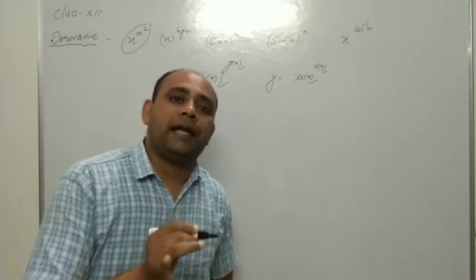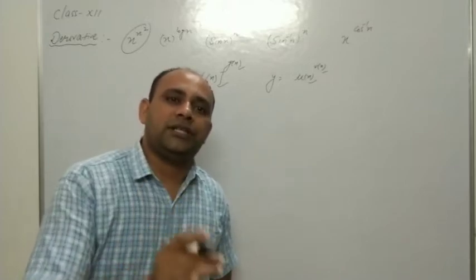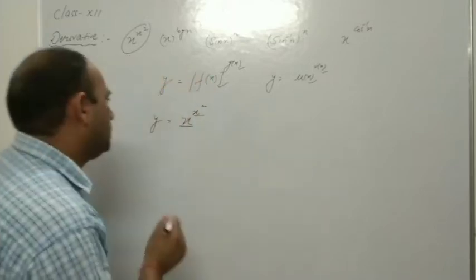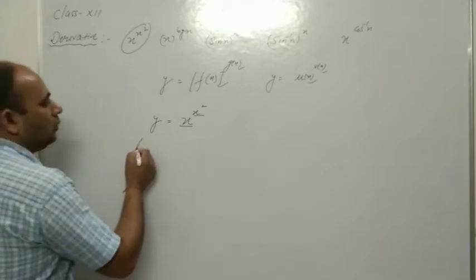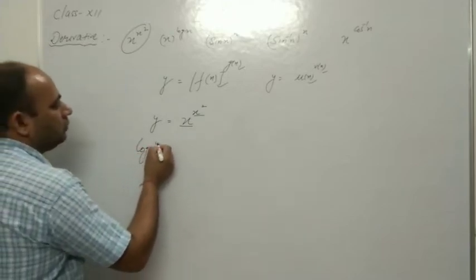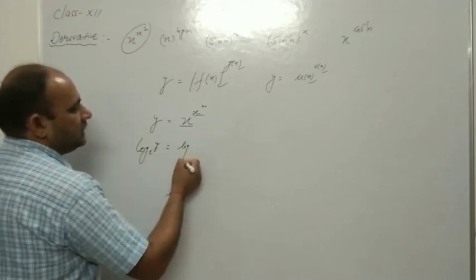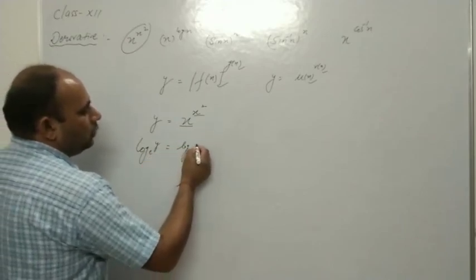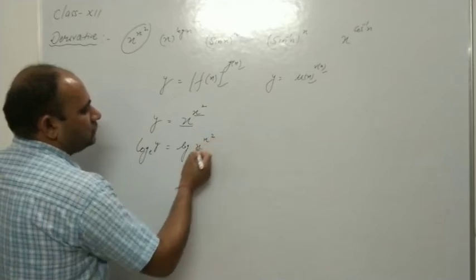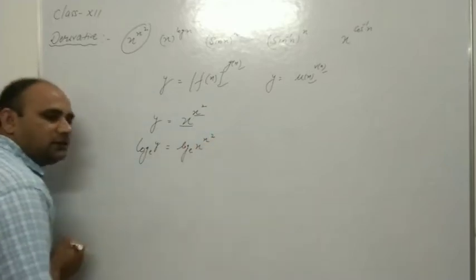So we will apply log to the base e on both sides. Log y to the base e, same here, log of x raised to the power x square to the base e.